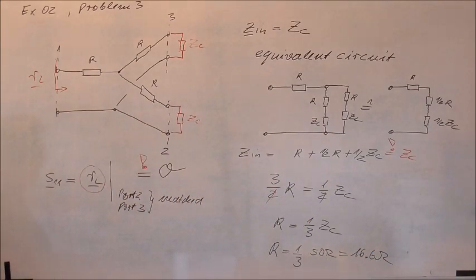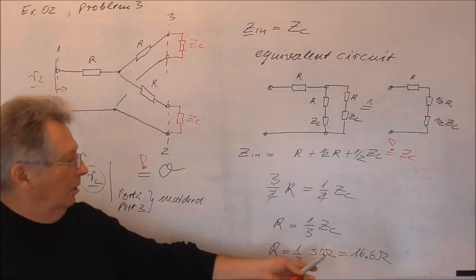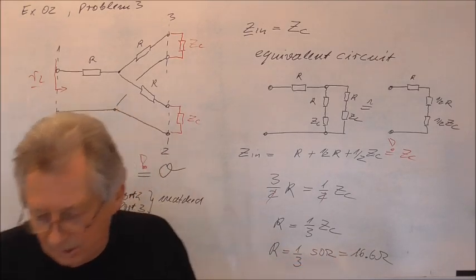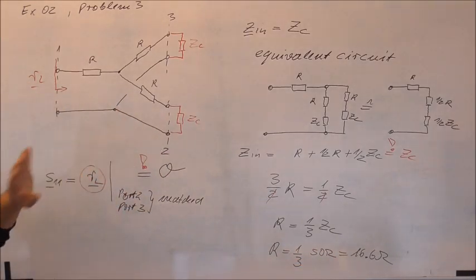So we have to choose R equal to 16.6 ohm, then we will have no self-reflections here.